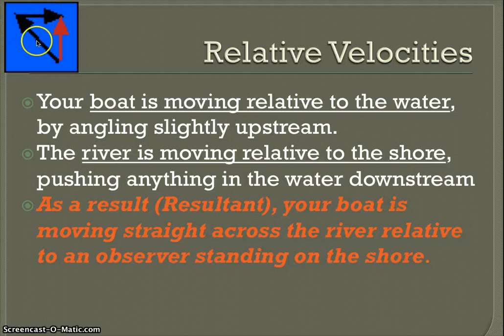In this case, it's not. It's one of the sides. Another thing I want you to look at is the components of the resultant: the boat relative to the water and the river relative to the shore. These two components make up this resultant. The boat is going to be moving straight towards B.